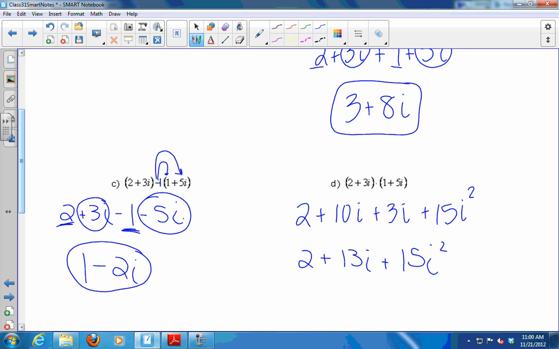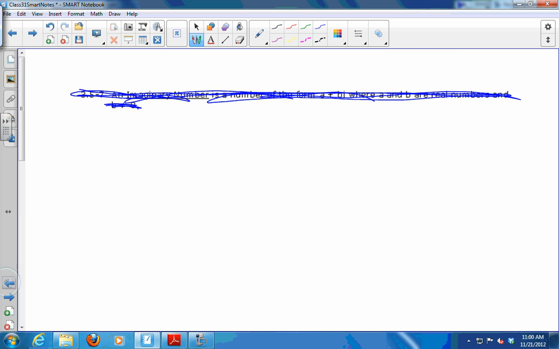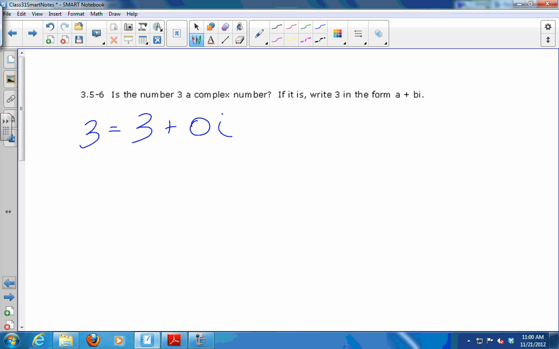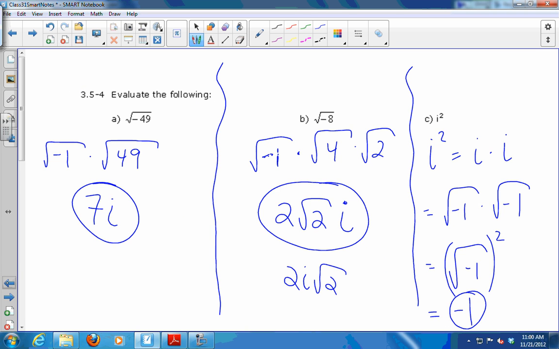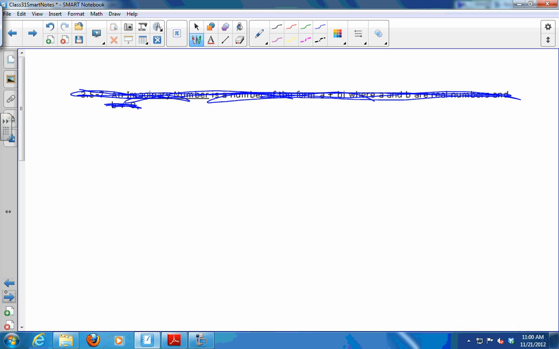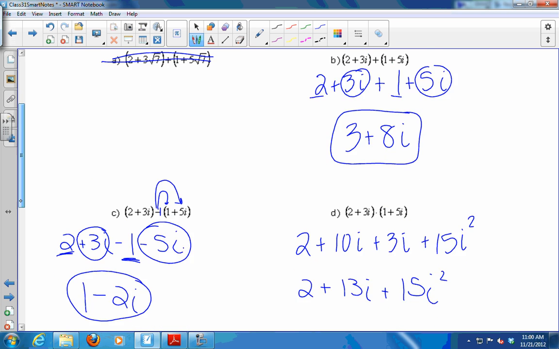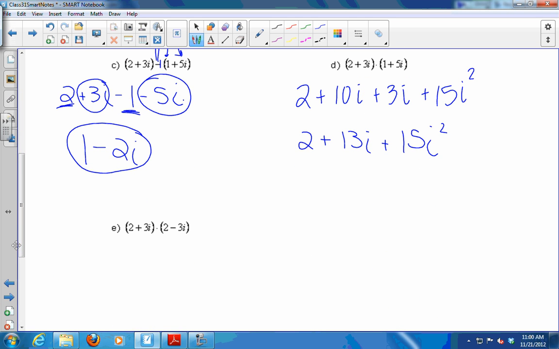But what does i squared equal? -1. Yep. From way back here, we said i squared is -1. Okay. So I'm going to replace the i squared with a -1 in that expression.